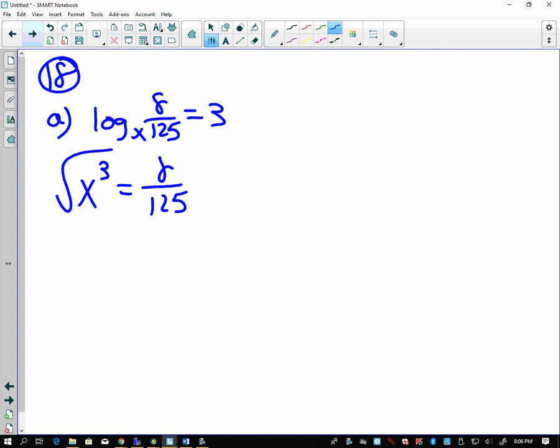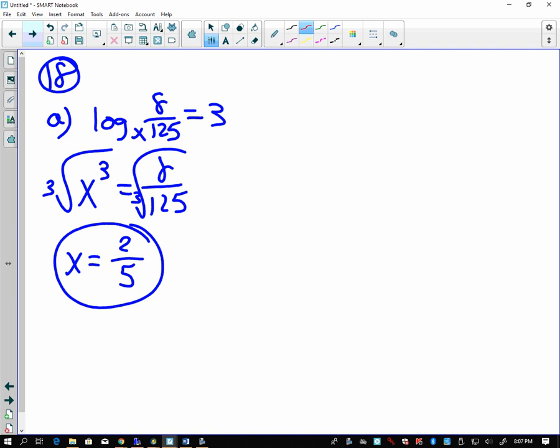We're going to cube root both sides so that x equals the cube root of 8, which is 2, over the cube root of 125, which is 5. X equals 2/5. Not square root, cube root.